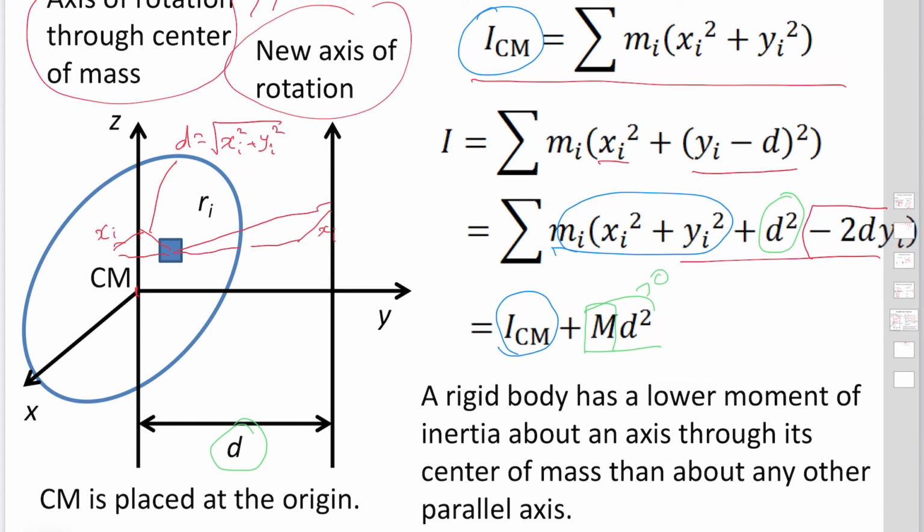So from this, a rigid body has its lowest moment of inertia about the axis through its center of mass. I sub cm is the lowest value because the second term is always a positive quantity. Okay, this is the end of this session.